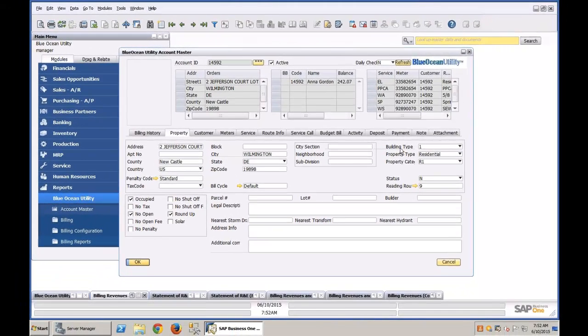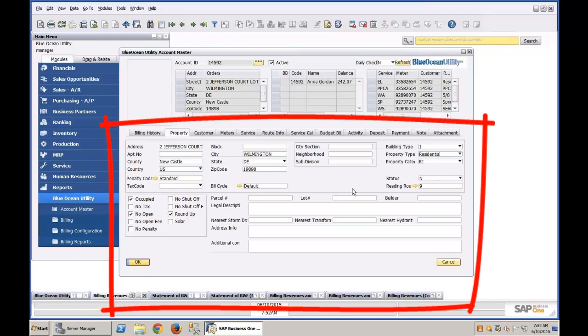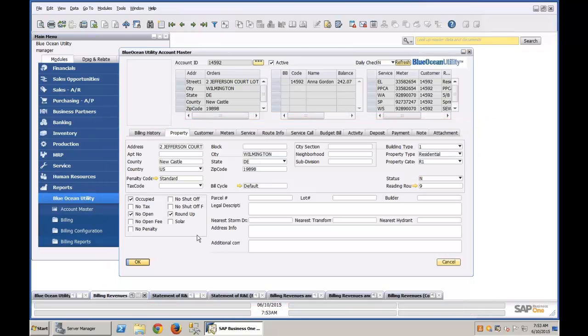Additional information concerning the geographical location, the meter reading route, whether the property is taxable, occupied, if they have a solar installation, in which case we can have feed-in tariffs calculated.